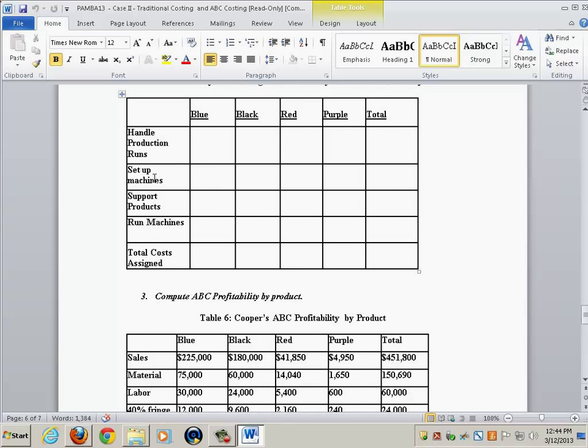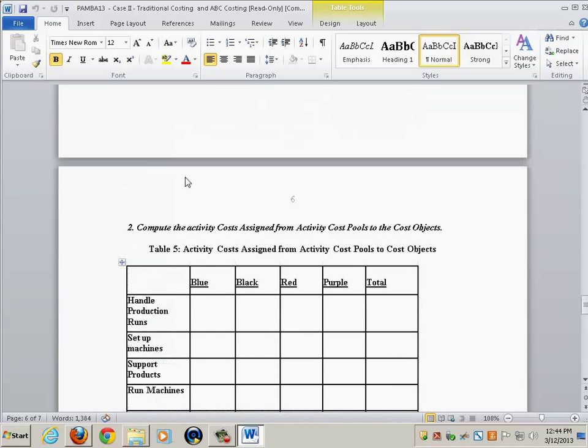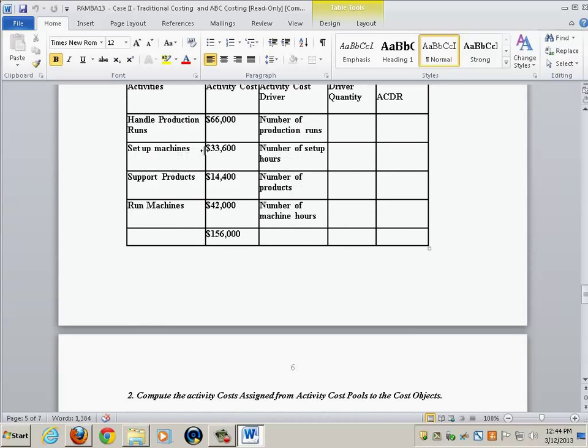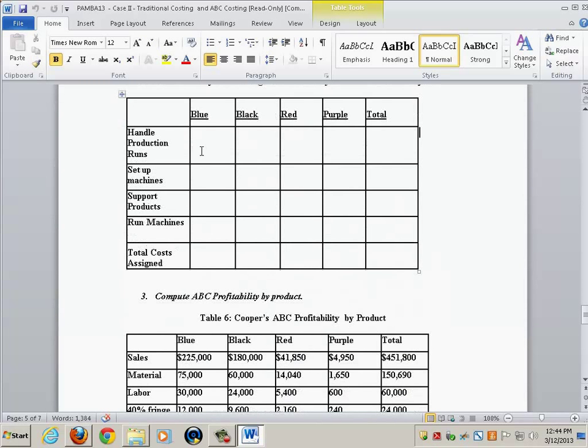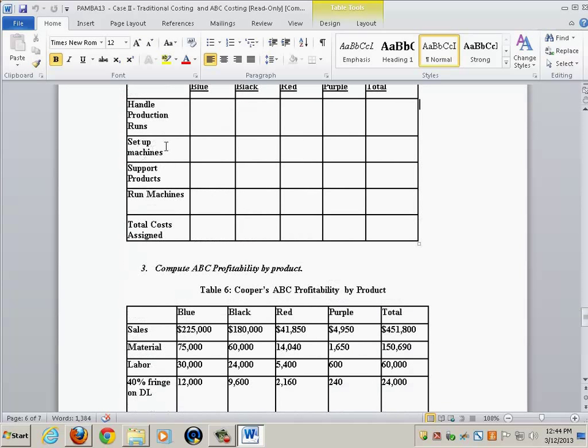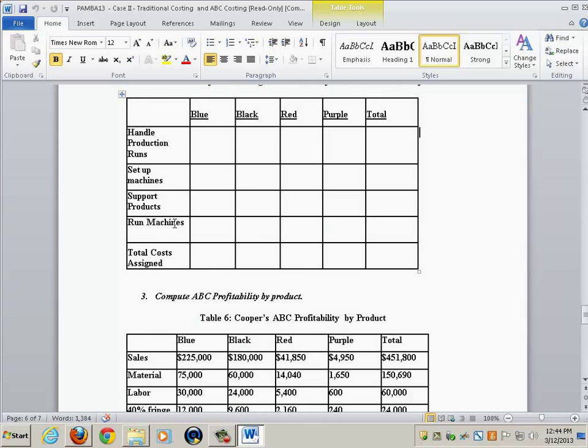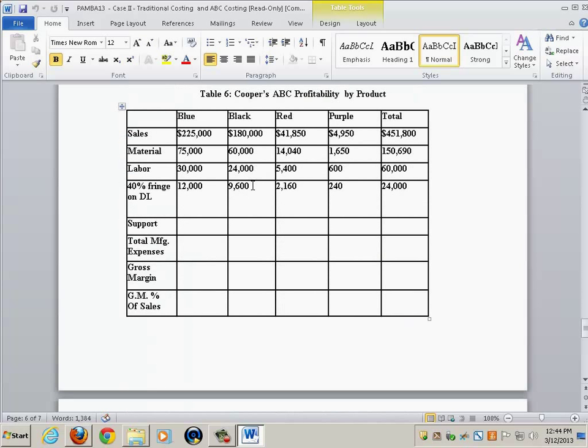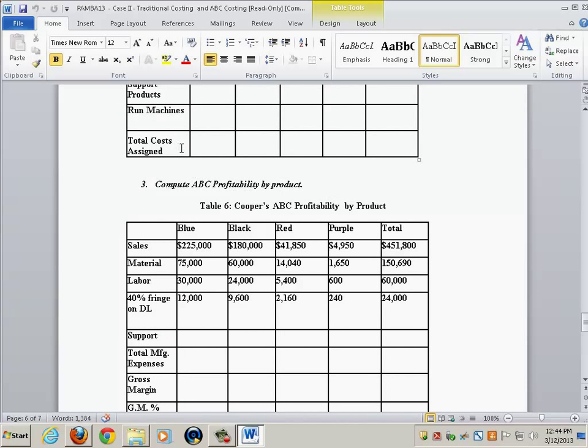Setup machine costs, total you have here, 33,600. How much of that should be allocated to blue, black, red, and purple, and so on. And then you do the total indirect costs assigned to each of those products. So you get that on the bottom line.